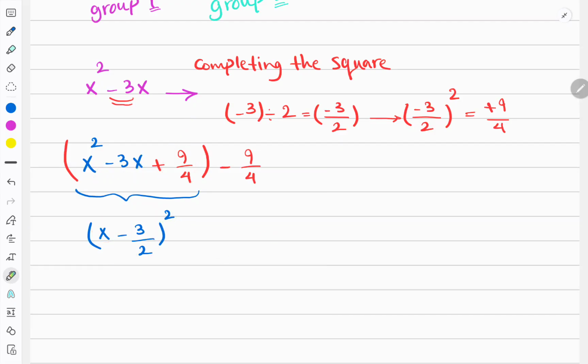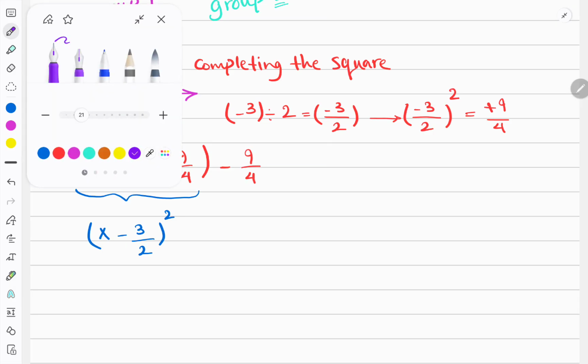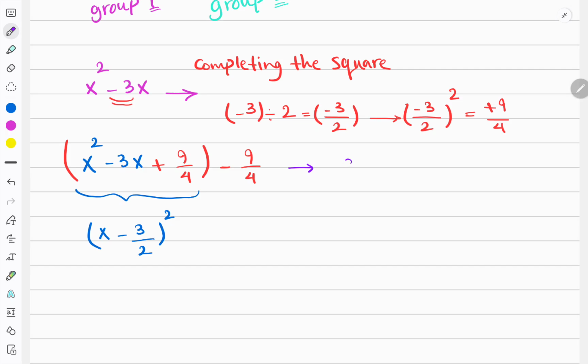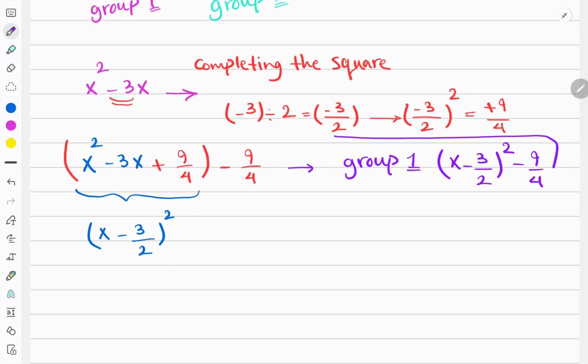So this is the perfect square identity. So I'm going to rewrite this, for the first group, group 1, I have (x minus 3 halves) squared minus 9/4.